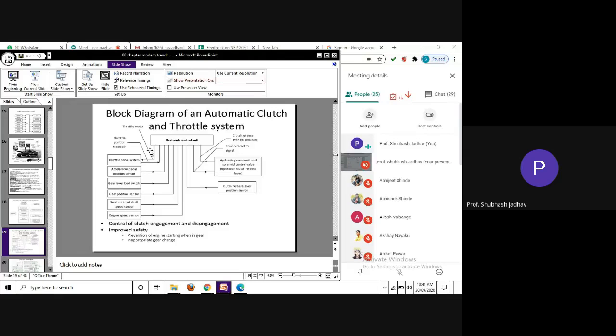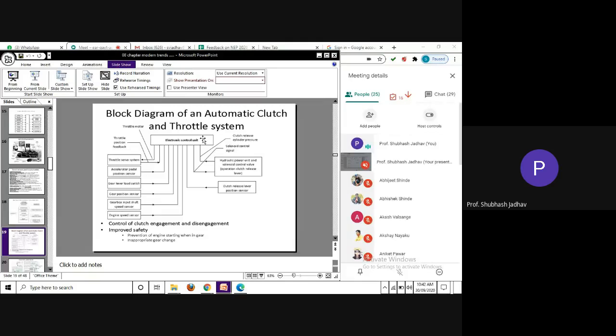Here we are talking of the automatic clutch. You can see some signals given from this and some actuators working in collaboration with it. In an automatic clutch also there is an ECU. Till now, whenever you think of a clutch, you imagine only a mechanical device where one disc is there, another disc is there, they come into contact with each other and transfer power from one unit to another, and your mechanical clutch is over.